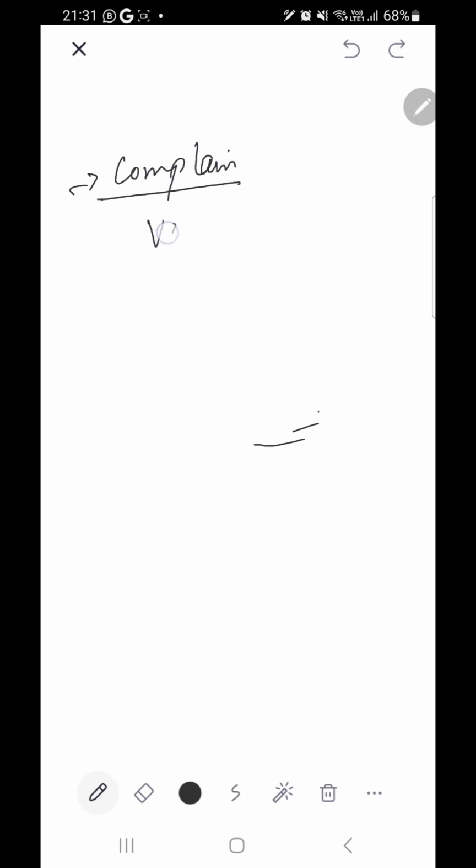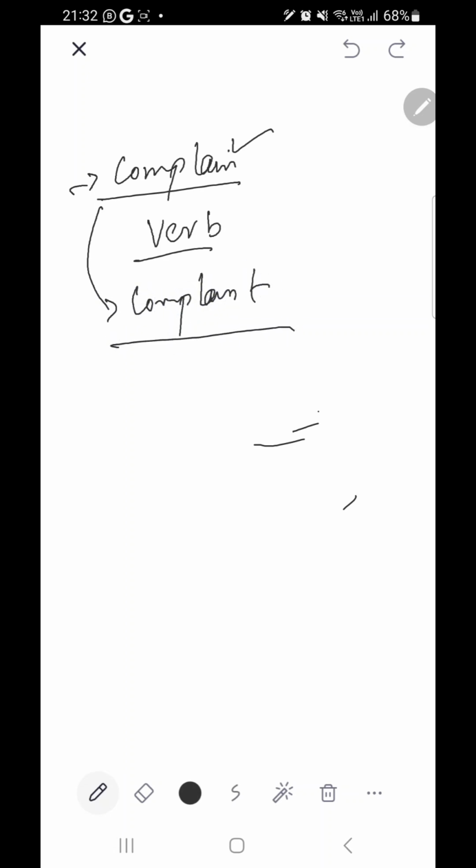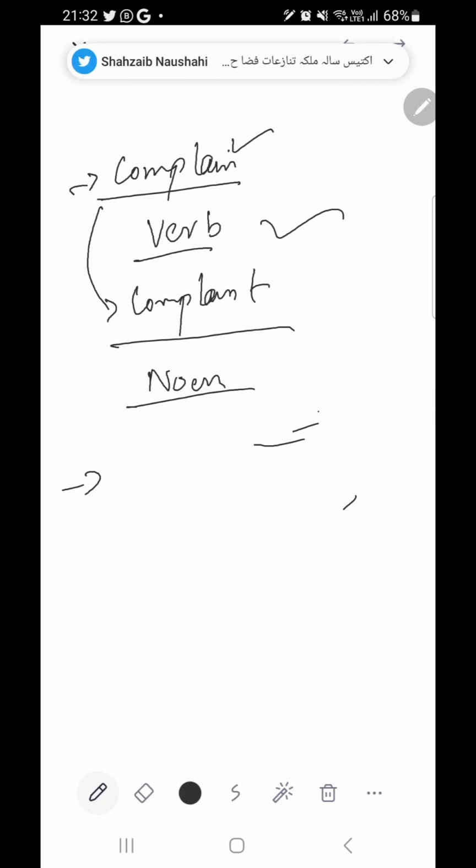This is basically a verb. If it has been written in the case notes, you have to change it to complaint, right? A noun. So this is your skill that you have to show. First of all, you have to change the word if you can, rather than writing the same word again.